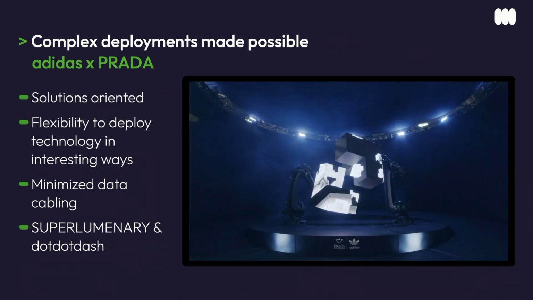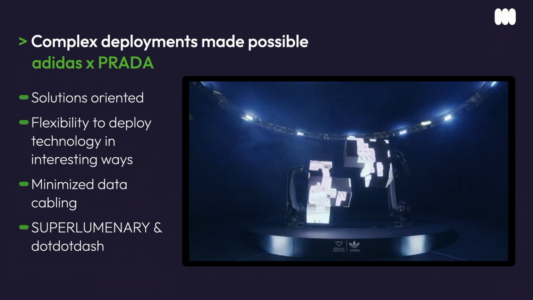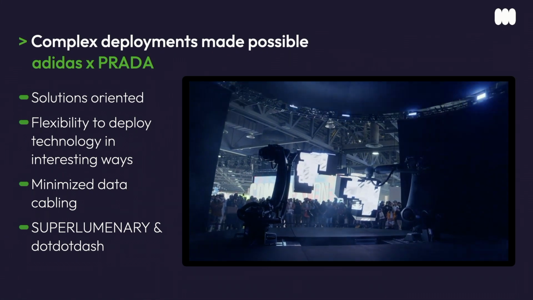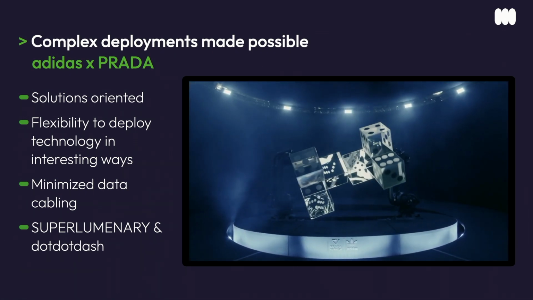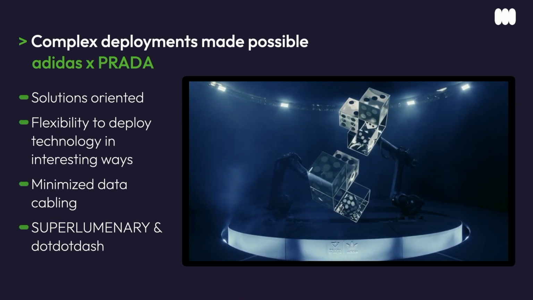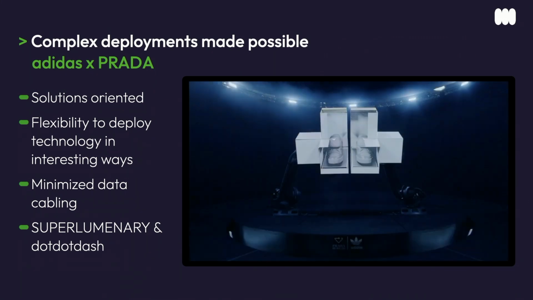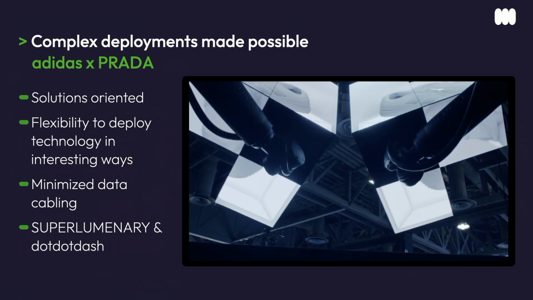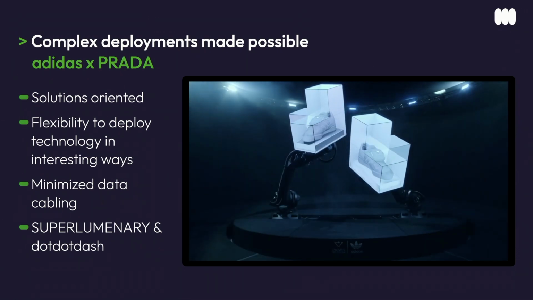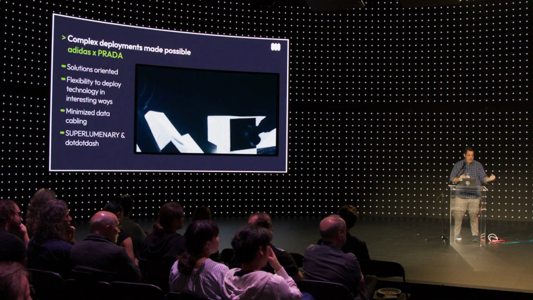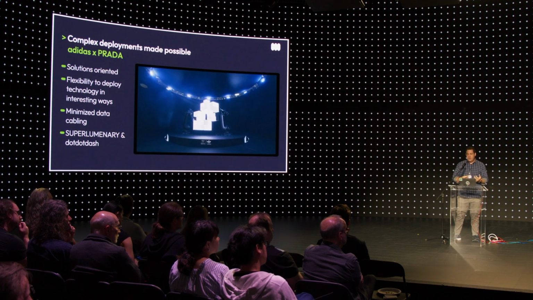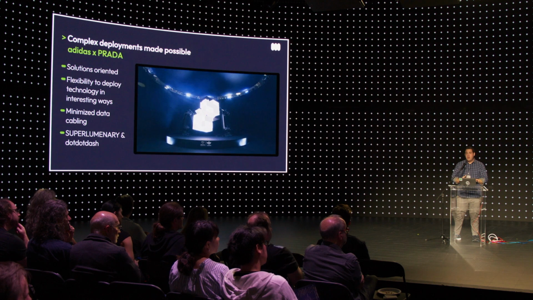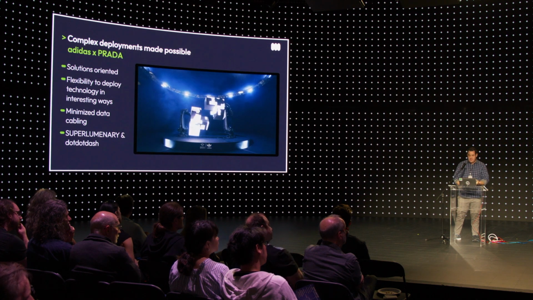So there was an enormous effort by Superluminary to do a very lightweight carbon fiber infrastructure to hold the LED modules, and they created an amazing deconstructed LED tile, if you will, to execute this. But we also couldn't afford to have massive cables and cable hoods going through this thing to control it, so by having the Ethernet control, it was very slim, very lightweight, with minimized cabling infrastructure.